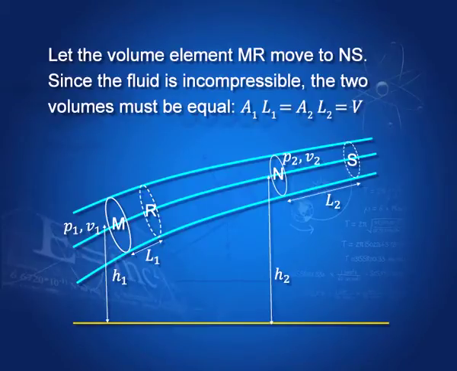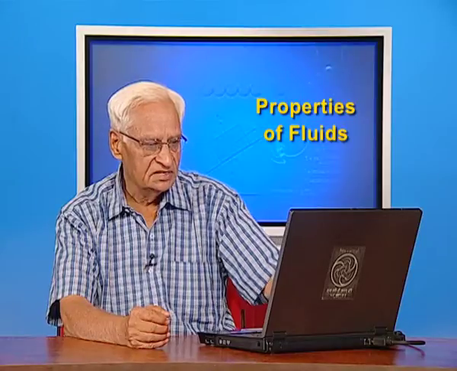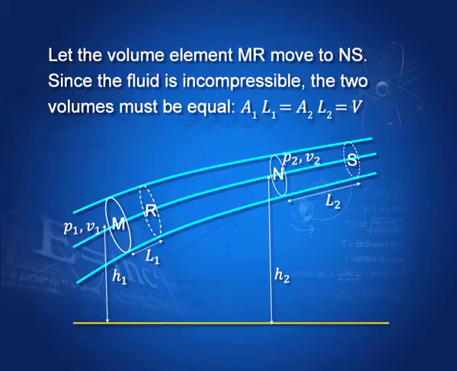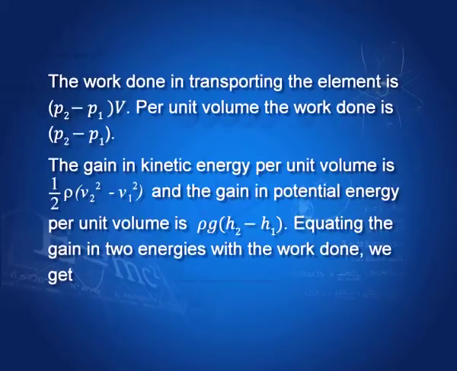Since the volume remains constant, therefore, A 1 L 1 is equal to A 2 L 2, because A 2 is the cross section here. This volume is equal to this, and this is V. Now, the pressure difference is P 2 minus P 1. Therefore, the work done in moving this volume V would be P 2 minus P 1 times V. The work done per unit volume is P 2 minus P 1.